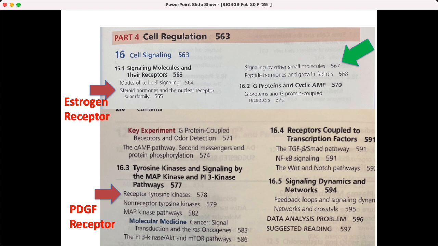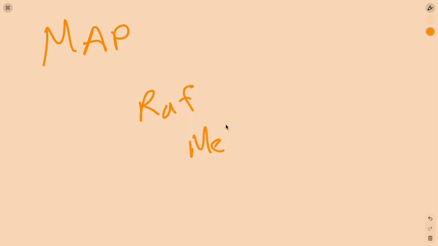And so let's just learn what MAP stands for, just because it's kind of satisfying to learn that. And what it's referring to is the RAF, MEK, ERK guys. And we don't need to know much about them. They are MAP kinases.